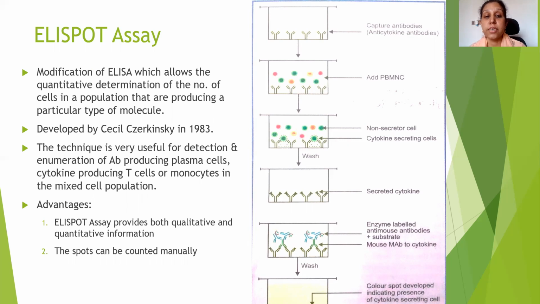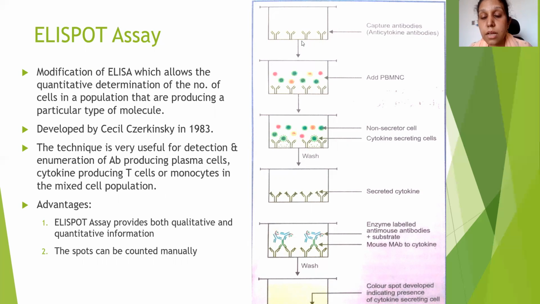So ELISpot is a modification of ELISA which allows quantitative determination of the number of cells in a population that are producing a particular type of molecule. What happens is that capture antibodies are there. It is mainly used for detection of anti-cytokine antibodies and so on. So this is useful for detection of antibody producing plasma cells, cytokine producing T cells or monocytes in the mix, if we want to enumerate them.